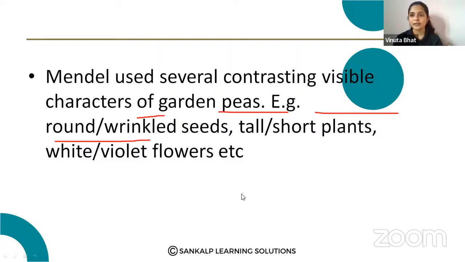So these all are the characters chosen by the scientist for his experiment. These are a few characters which are given: the seed, round or wrinkled, or the color of the seed, yellow and green, tall or short plants, the color of the flower, white or violet. So these are some characters. Note down this point.